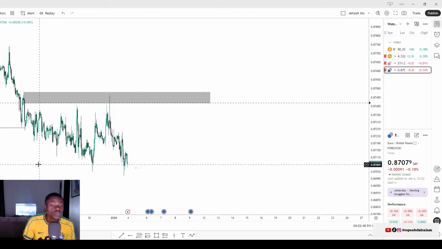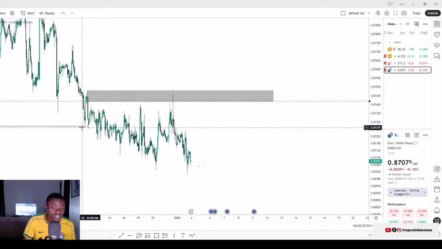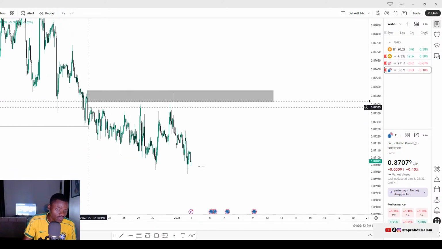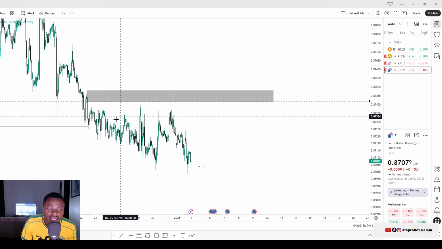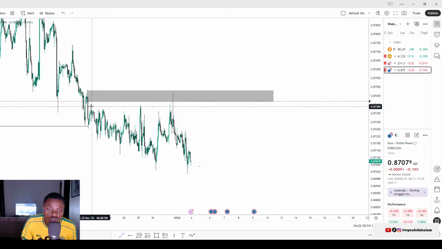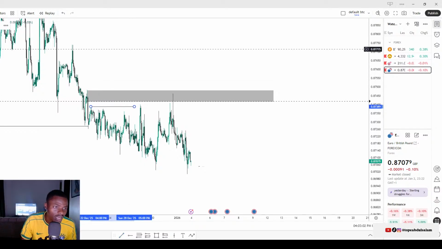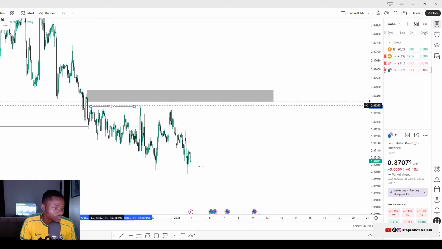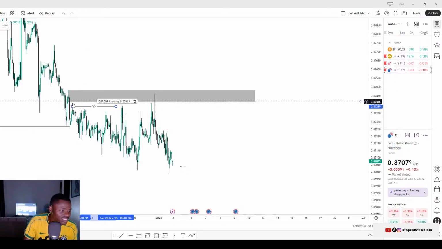And where is our inducement? After breaking this structure, we have this first pullback right here that failed. This first pullback, that's our inducement, that's our structural liquidity, because the point of interest is still intact.